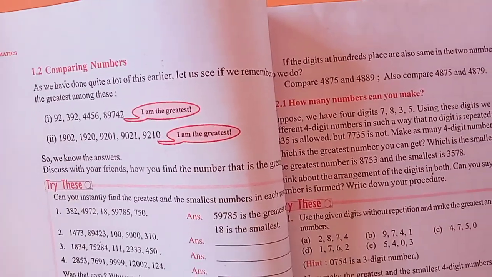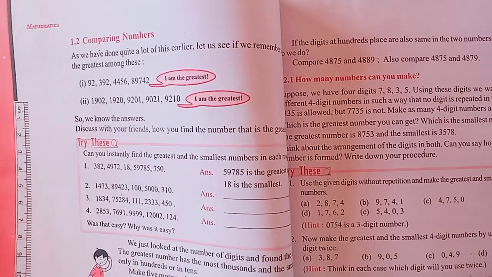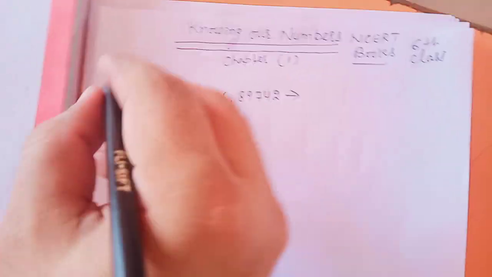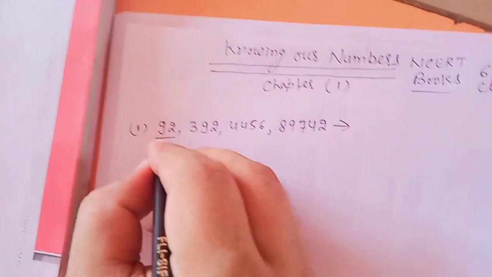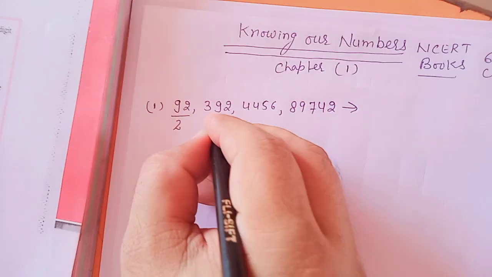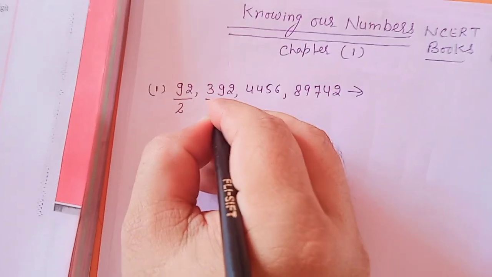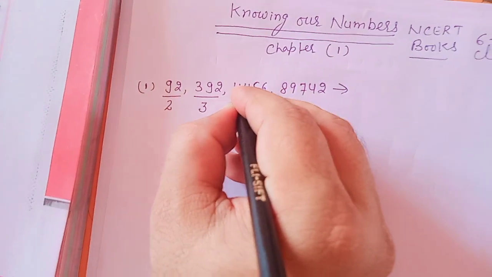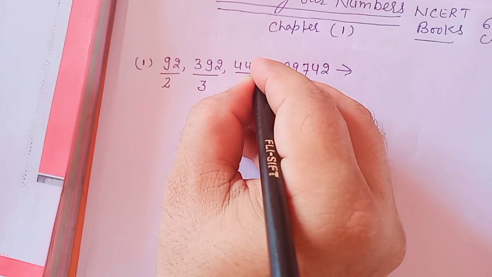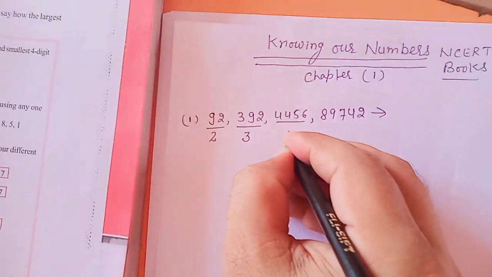So the first method to find out the greatest number is we can count the digits. Look here one time, in 92 how many digits? 2. 392 how many digits? 3. Here how many digits? 1, 2, 3, 4, 4 digits.